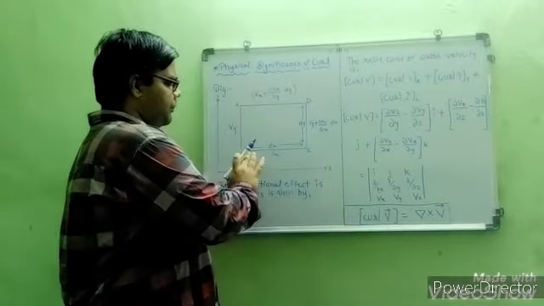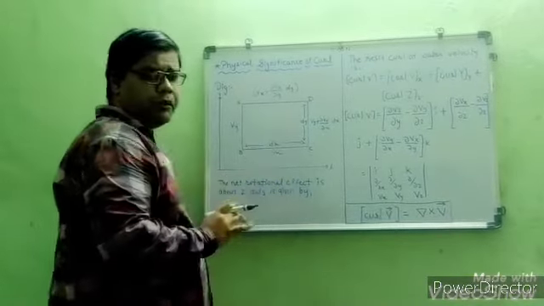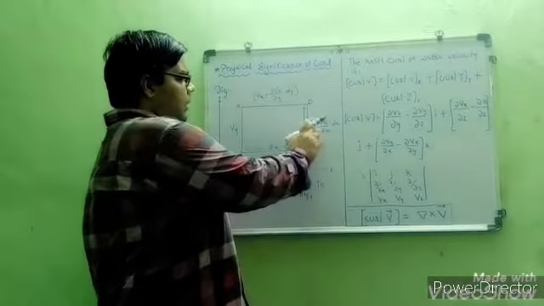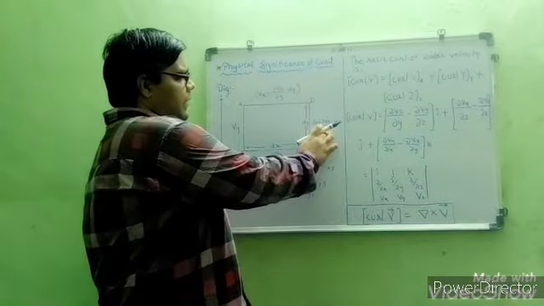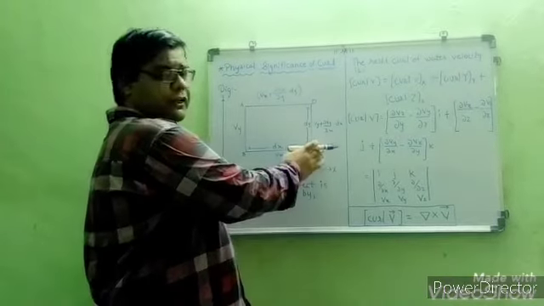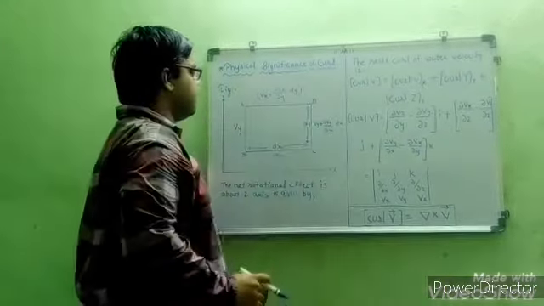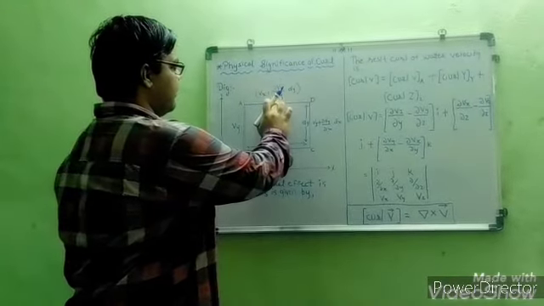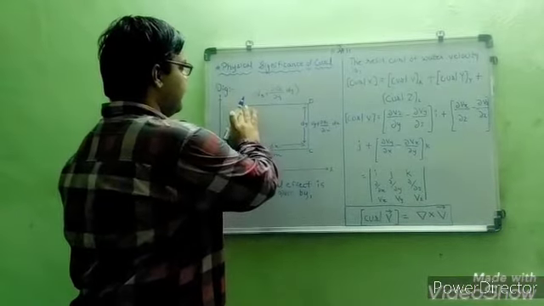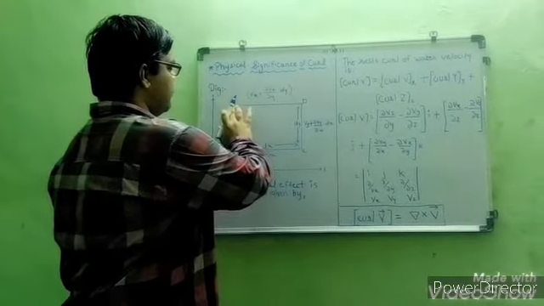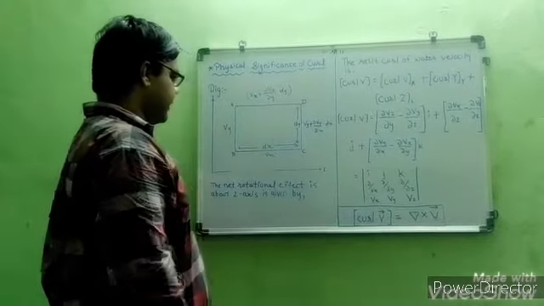Vx is the x component of water velocities at the edge B, C. Vy plus del Vy by del x into dx is the y component of water velocities at the edge C, D. And Vx plus del Vx by del y into dy is the x component of water velocities at the edge A, D.